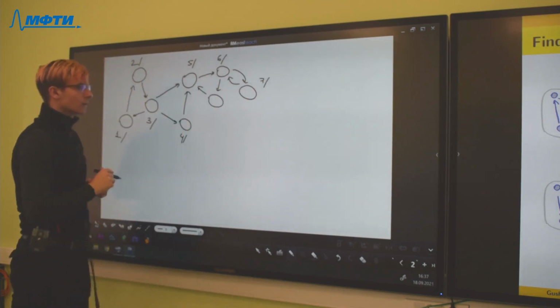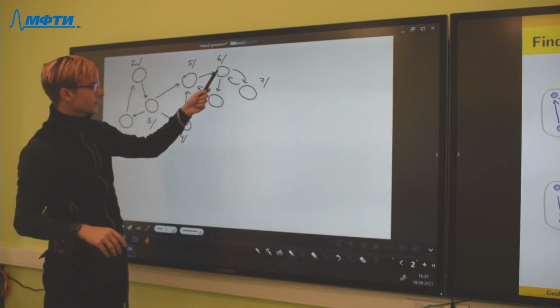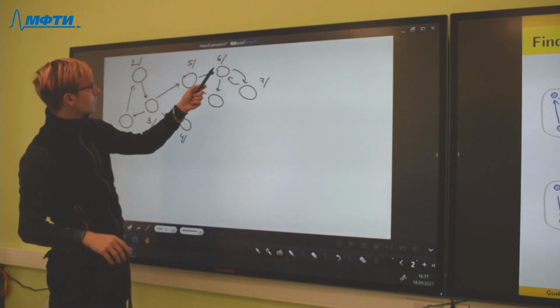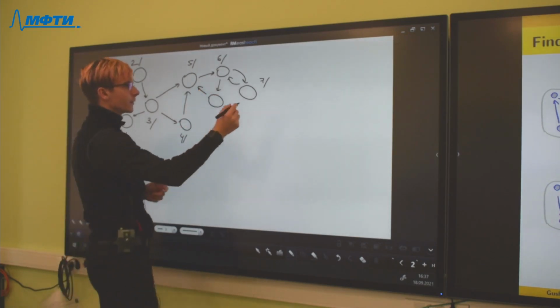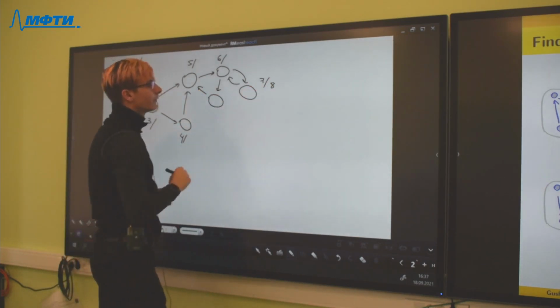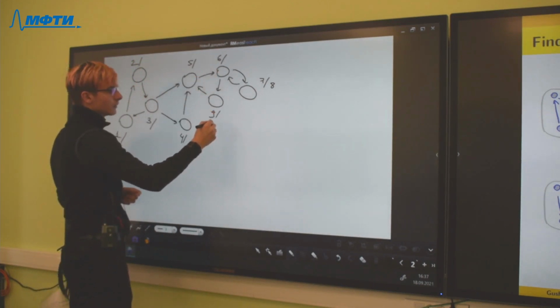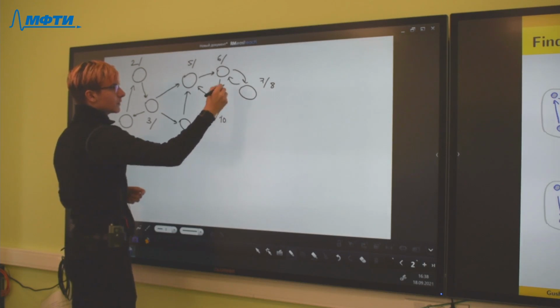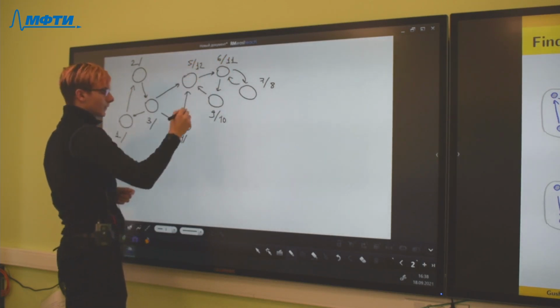And we see this vertex has only one adjacent, but it is explored. So we finish with it. We go to this, finish with this, finish with this, etc.